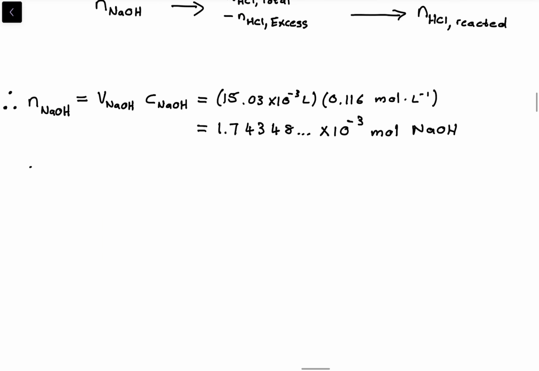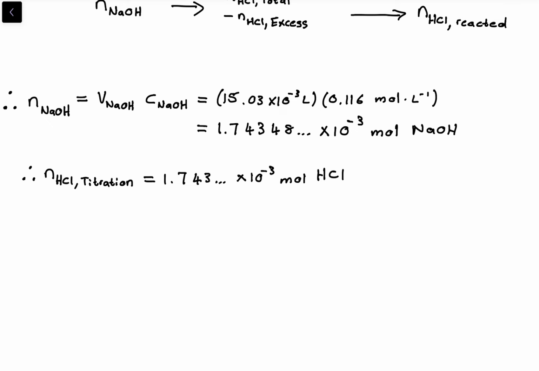So that means the number of moles of the HCl in the titration must be equal to this, 1.743 times 10 to the power minus 3 mole HCl.